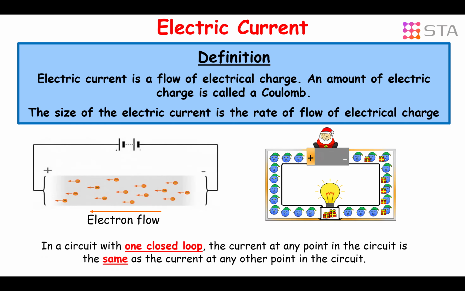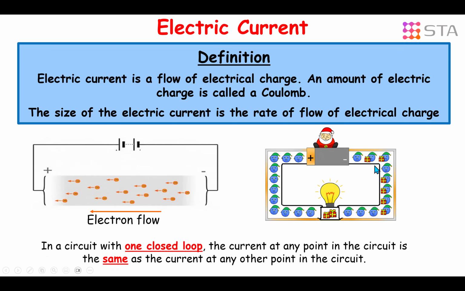And the current at any point in this circuit is the same as the current at any other point in the circuit, because the number of electrons or charges going past is at the same rate at the same time. So whether you measure the current here or here or here, the current will always be the same.